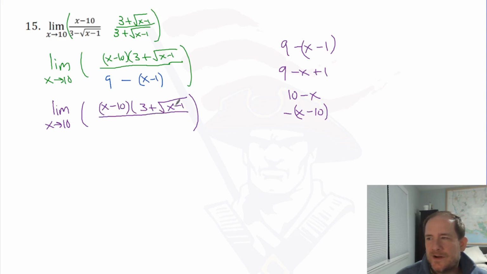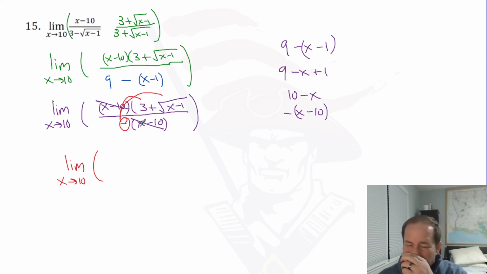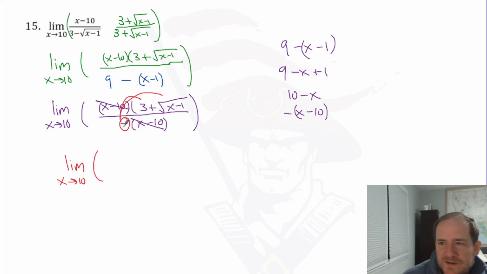And in the denominator, we just have negative x minus 10, which we're going to cancel. So now we can substitute in. This is going to be the limit as x goes to 10 of, we've got this negative, may as well distribute it in up here. Our expression is technically just negative that whole conjugate.